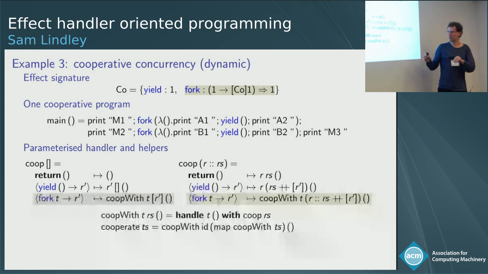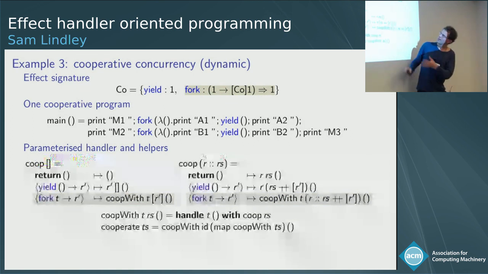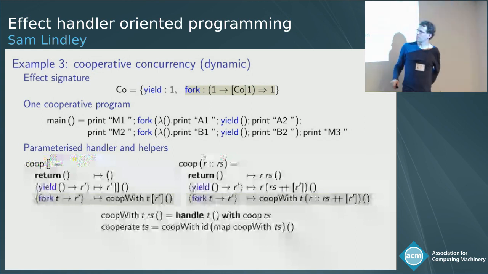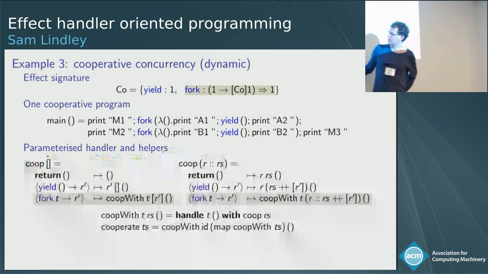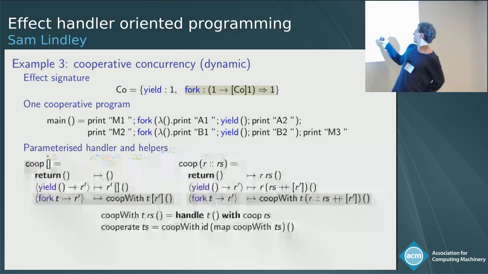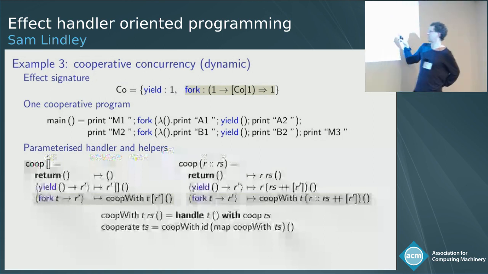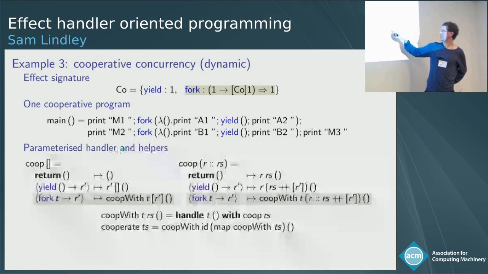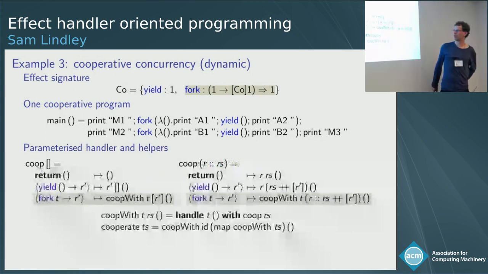I could have been more modular and defined this as a separate handler, but I wanted to put all the code together, so I did it this way. What this is going to do is, actually these are both essentially the same cases. When you try to fork, it's going to immediately try and run the thread, and it's going to stick the resumption into the pool of waiting resumptions.